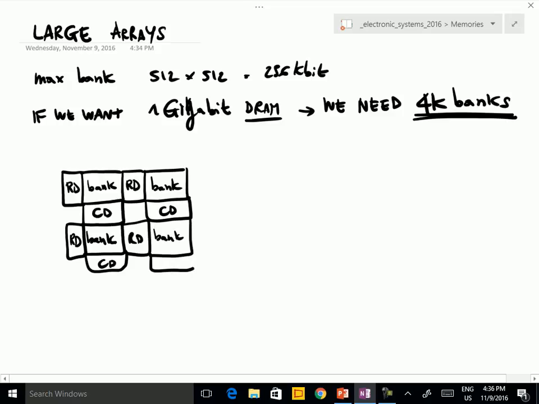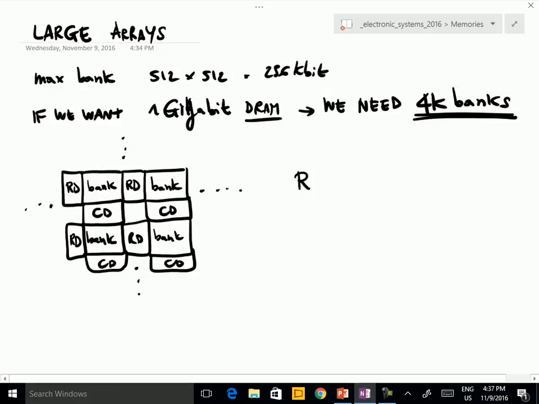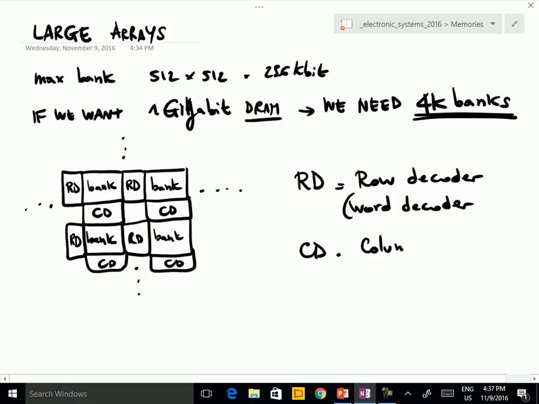Everything is repeated 4,000 times. So RD stands for row decoder, which is also the word line decoder, and CD stands for column decoder, which is the bit line decoder.